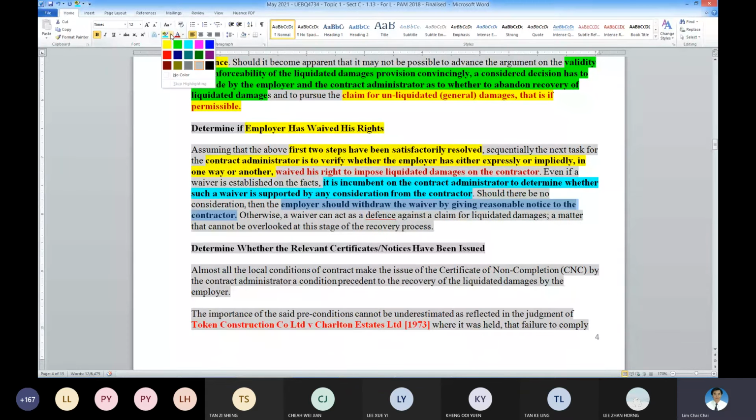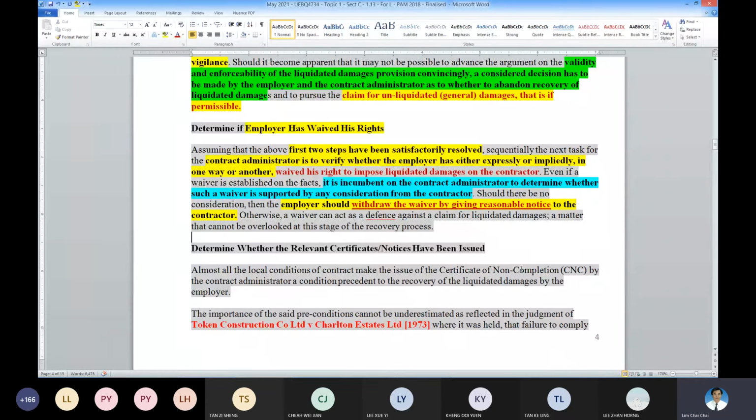So all this depends in terms of legal sense. If the contractor got the rights and gave consideration for the employer not to impose, then the architect has to follow suit. Or the contractor has the rights, but maybe there is no consideration given, there's a possibility the employer may withdraw the waiver by giving notice. So this is up to the employer and the contractor.